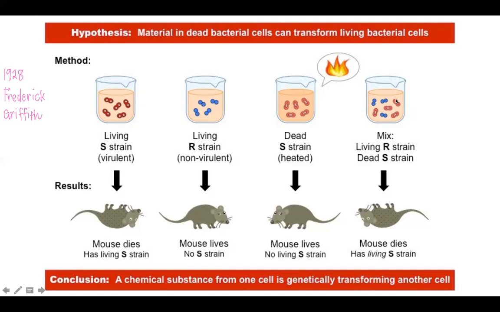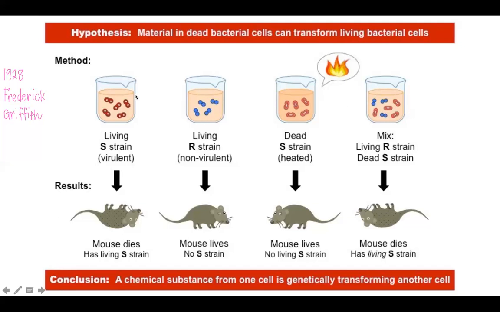And the last culture is made up of a mixture of the living R strain and the virulent or deadly S strain, which was also heat treated. So you have living R strain and dead S strain in the fourth culture.